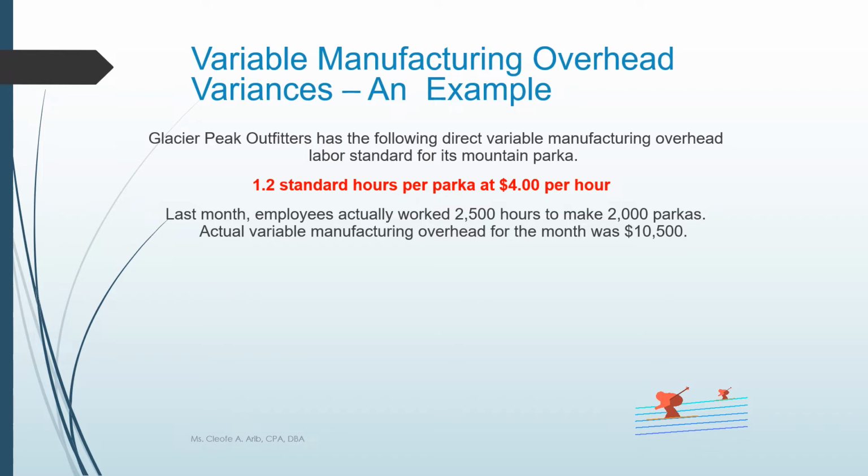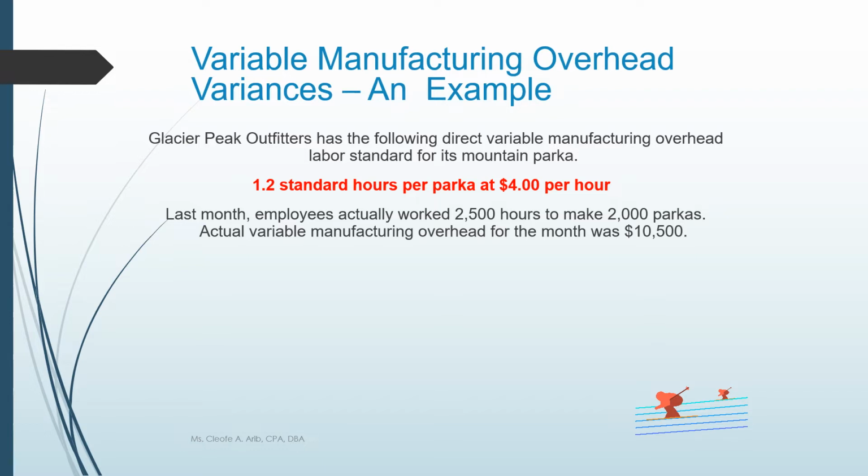Now, let's go back again to Glacier Peak Outfitters. But this time around, let's take a look at the data pertaining to variable manufacturing overhead. If we look at the data, it's very clear here that the allocation base used by Glacier is direct labor in the computation of its predetermined overhead rate.